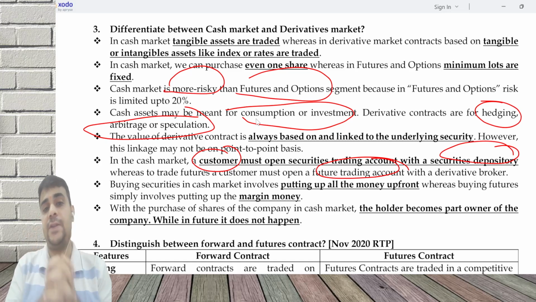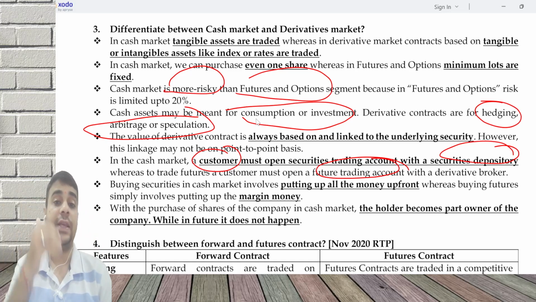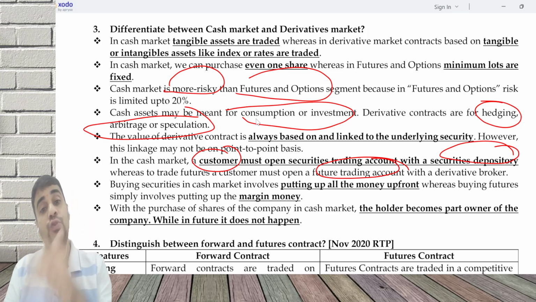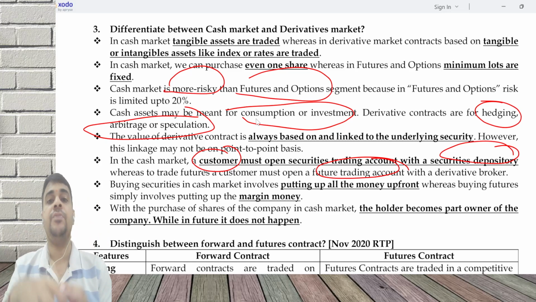Then where are the differences coming? Forward contract is an over the counter product. Futures are traded in a competitive market. In forward contract, we will have default risk, that is, the other party is not fulfilling the obligation. In futures contract, because there is an exchange sitting in between, the margin money ensures that default risk does not arise.